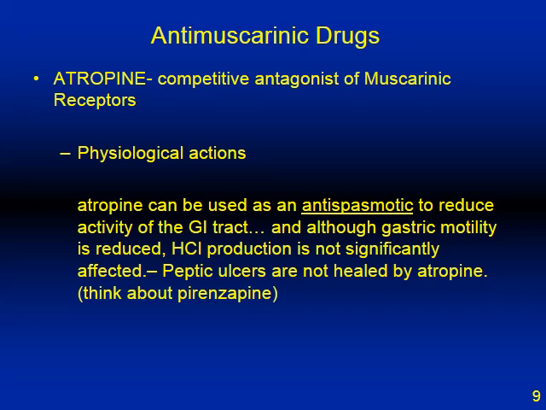There is an antimuscarinic drug that's been used for that purpose. It's an M1 selective blocker called pirenzepine, which hasn't really been used in the U.S. to reduce acid production in the stomach.